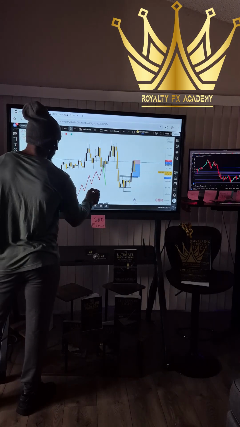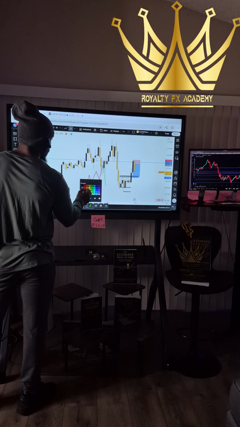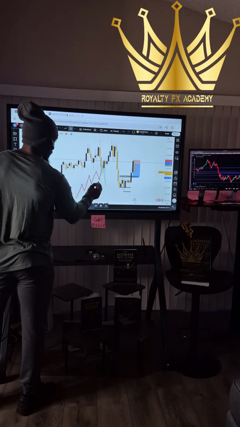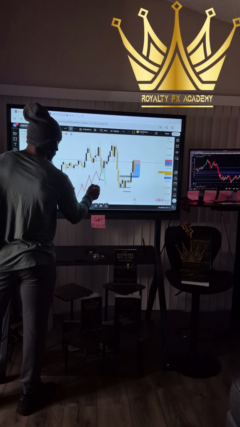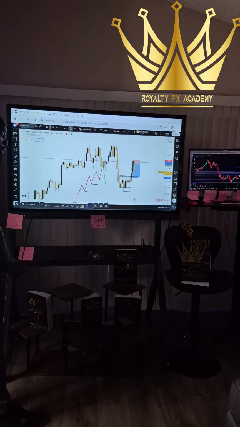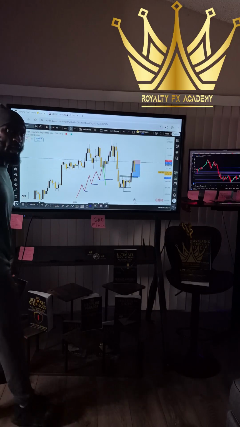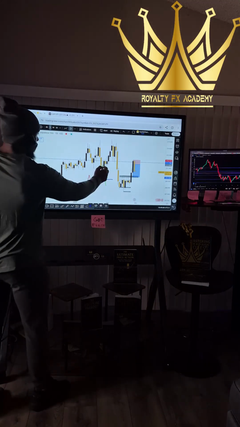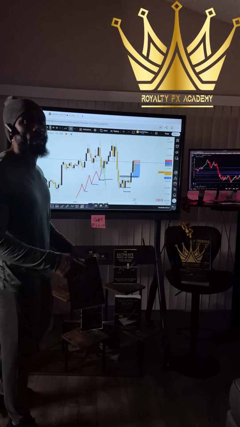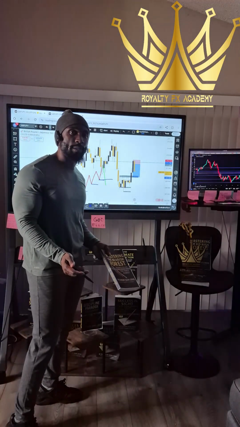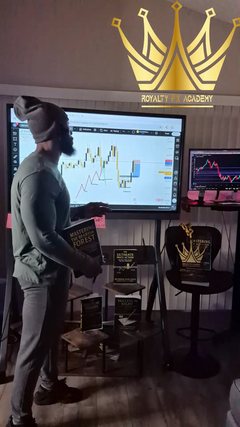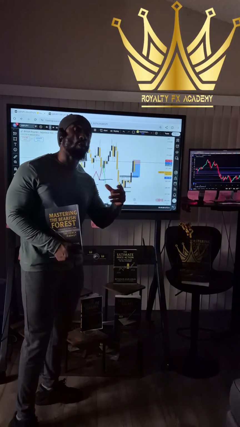See this point right here? Let me change the color so we are on the same page. See these little points right here? The market was buying, and out of nowhere it fell past it. Because it went past it, that's considered a break. Make sense? So that's one of the first aspects of the market turning around.